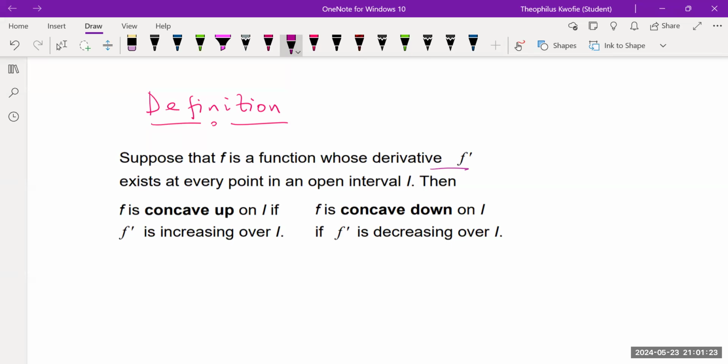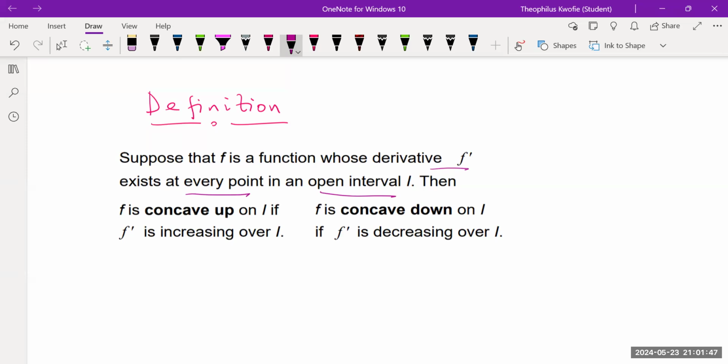Let me underline those key words: every point in an open interval. In the previous episode, I elaborated on all of these, and I also gave some illustrations so that you would have a deeper understanding of what we're talking about.